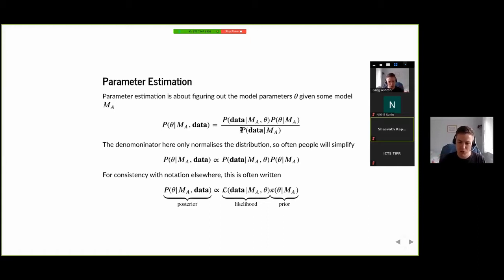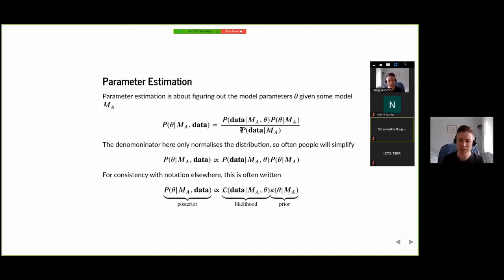Those two things have names, and those are the likelihood and the prior. The likelihood is written with this little curly L. That's the same as the probability of the data given the model and theta above. We've just changed the P into a curly L to fit with standard notation in the literature.